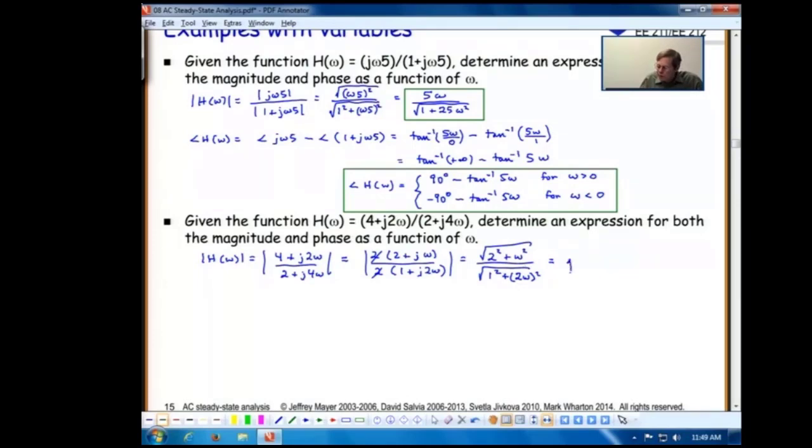We can put everything under the same square root if you would like, and 2 squared is 4. So this is 4 plus omega squared divided by 1 plus 4 omega squared.